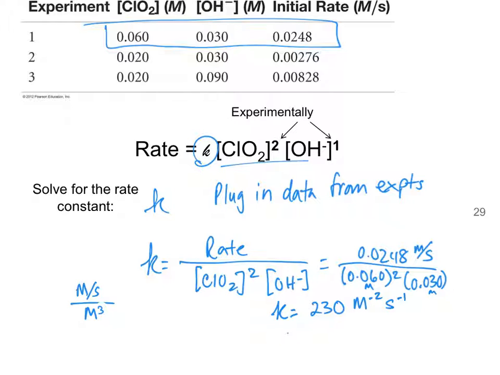So that's moles per liter times seconds to the -1 times moles per liter to the -3. You guys remember all these rules for exponents? This cancels. Okay, some unit analysis for you. Okay, questions on this?